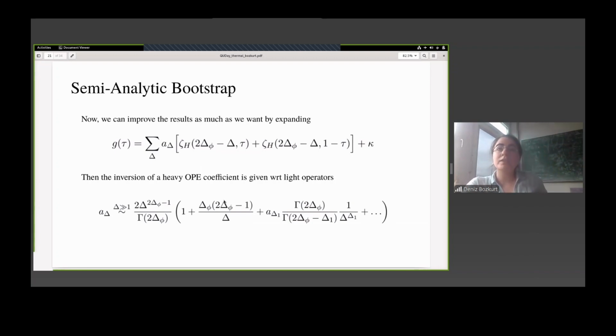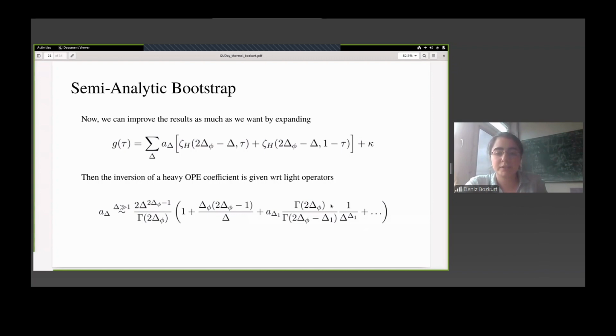Now that we have this general description of the thermal two-point function, we can just expand this expression in terms of large delta and check if this is really the case. And of course it is the case. But now that we have the exact form of the correlator up to the OPE coefficients, we can expand as much as we want and also get the other corrections to this asymptotic behavior.